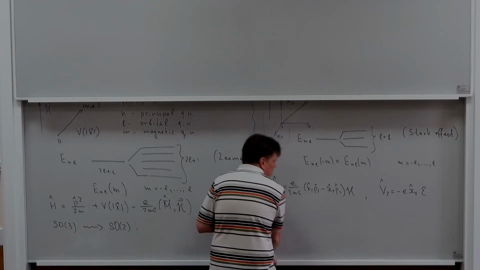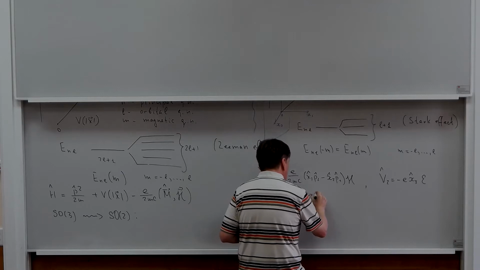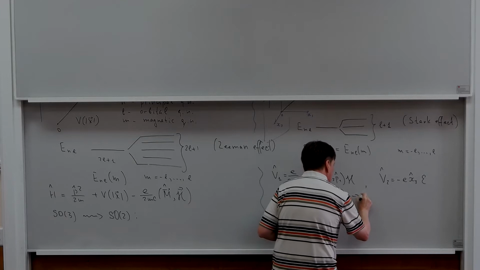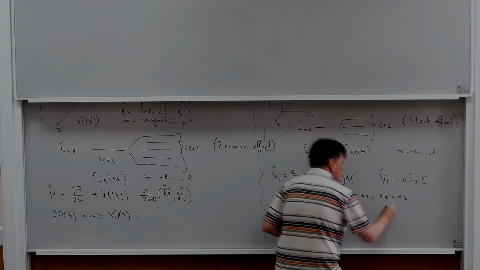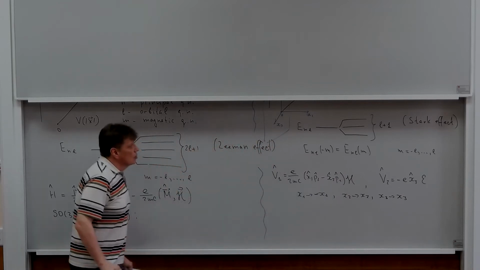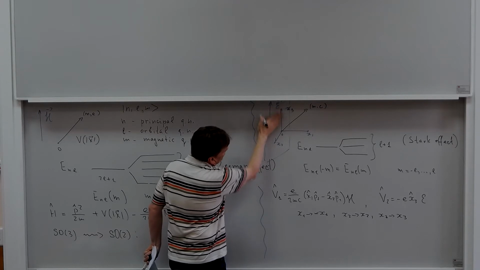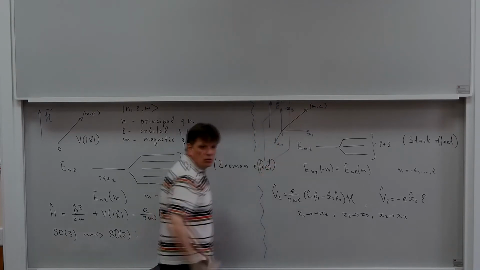In particular, we can consider the following reflection: x1 goes to minus x1, x2 to x2, and x3 to x3. So our plane is just the coordinate plane corresponding to x3 and x2.